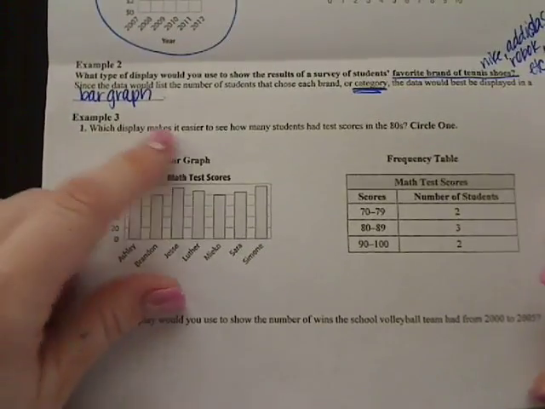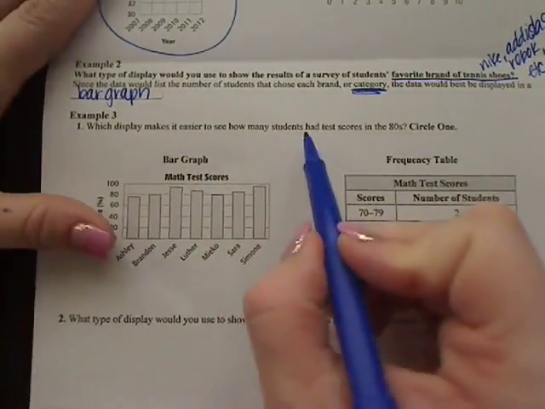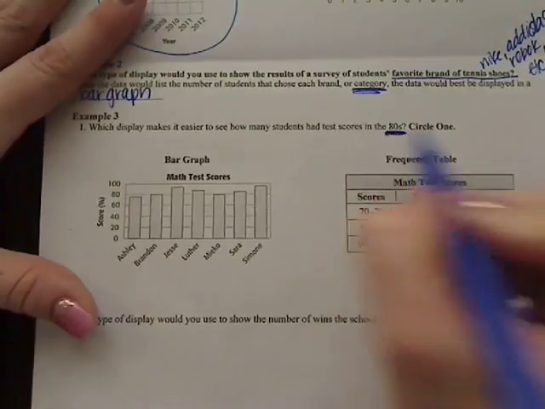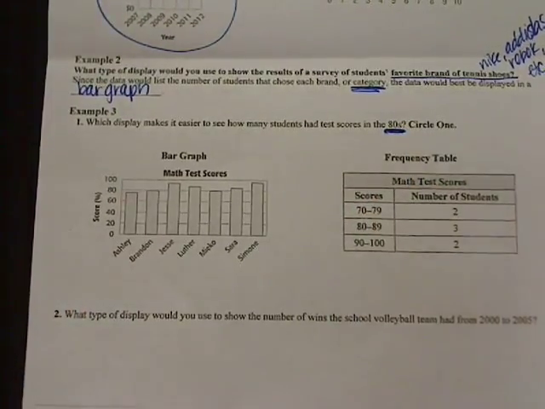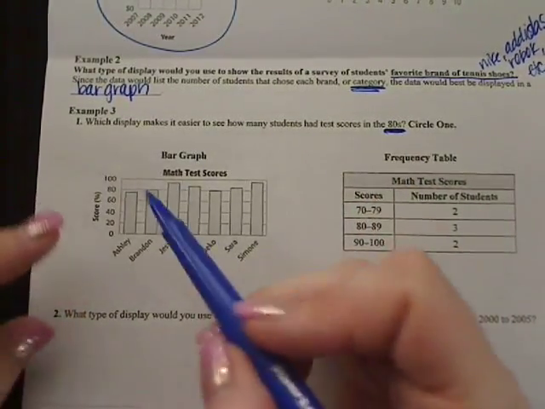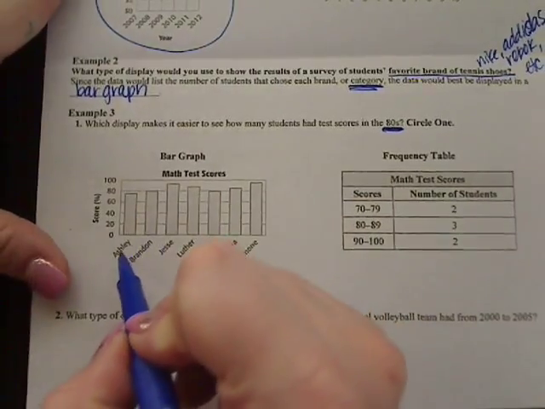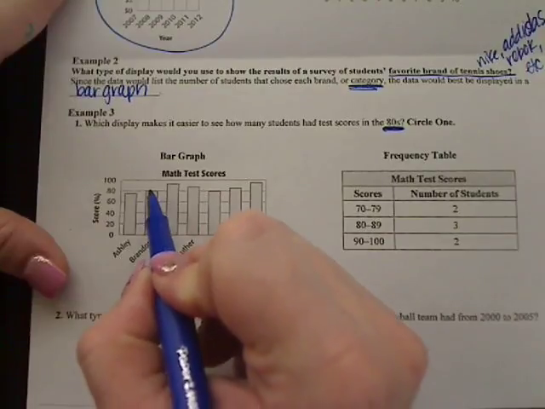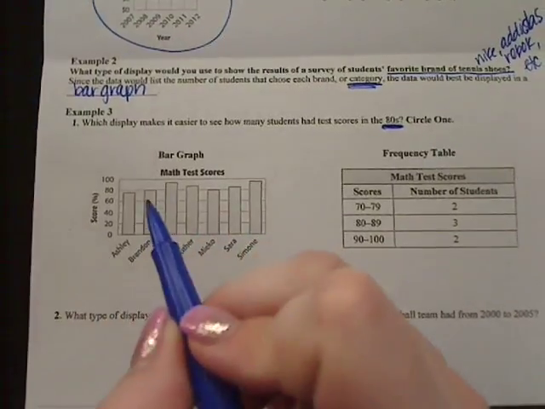All right, example 3. Which display makes it easier to see how many students had test scores in the 80s? Okay, so I want to know test scores in the 80s. Well, I mean, I could look over here. Ashley was, I could try and figure out what she was. Brandon's about an 80.